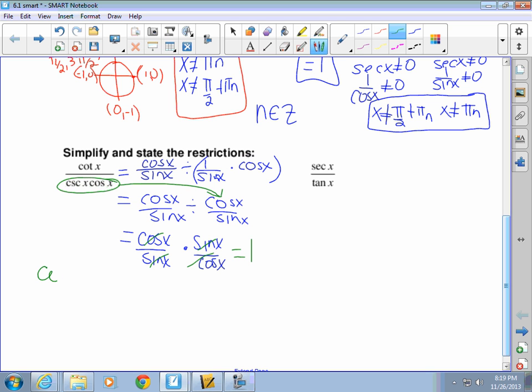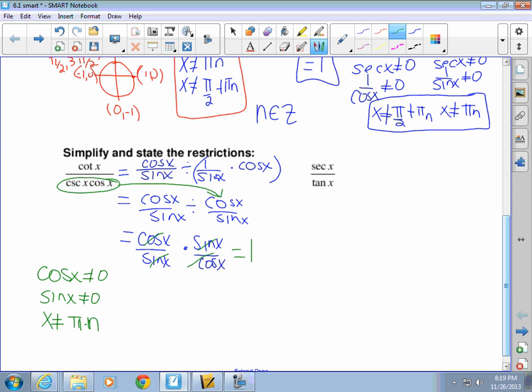Cos x cannot equal 0, and I could leave it as cosecant, it would be the same thing, because then it just changes to 1 over sine, but you can go straight from where you've changed that into the cosine term. So cos x is not equal to 0, sine x is not equal to 0, so I know that my restrictions are at pi n. X is not equal to pi times n.